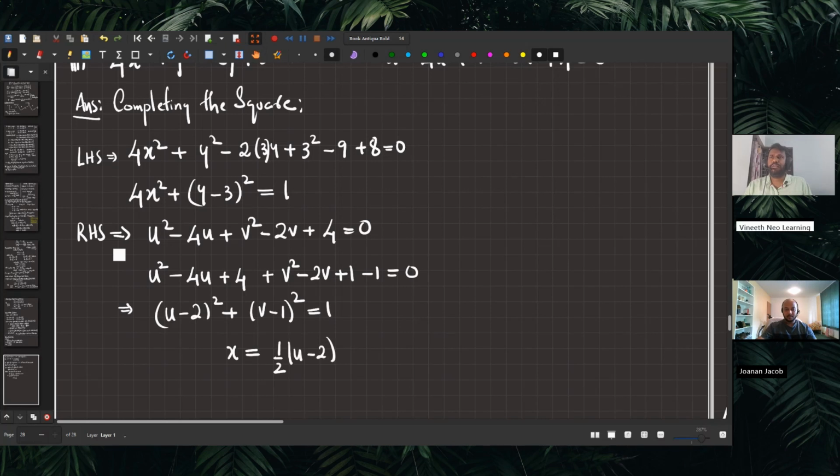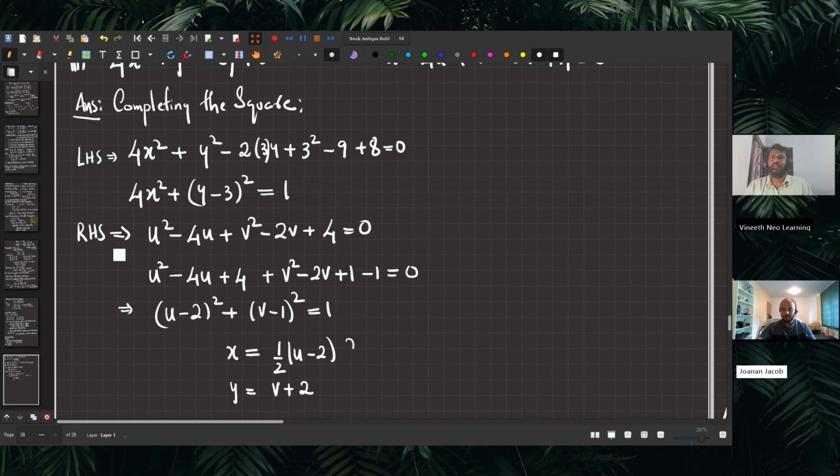And y will be v plus 2. y minus 3 equals v minus 1. So y will be v minus 1 plus 3. So v minus 1 plus 3, that is v plus 2, right?